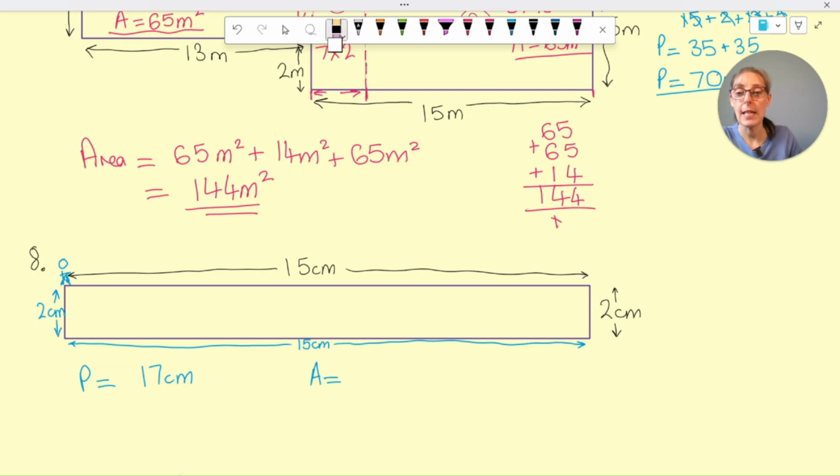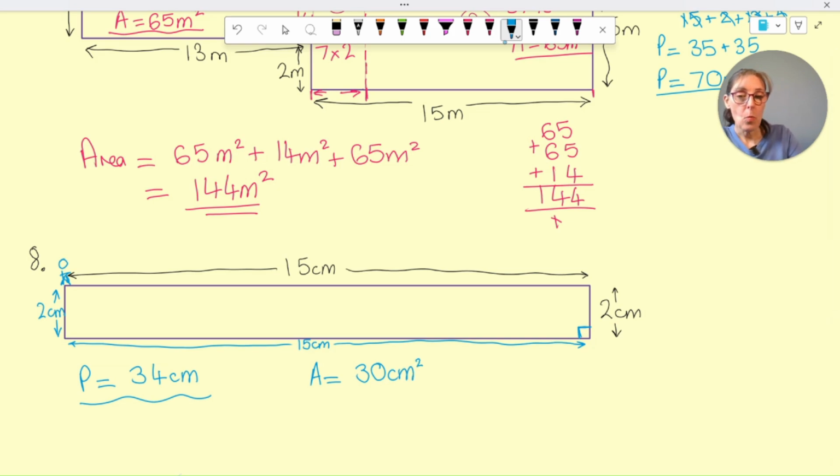So that's 2 17s, which is 34. So that's 34 centimeters in length altogether. And the area is going to be the two that meet at a right angle. And we've got 2 times 15, which is 30 centimeters squared.